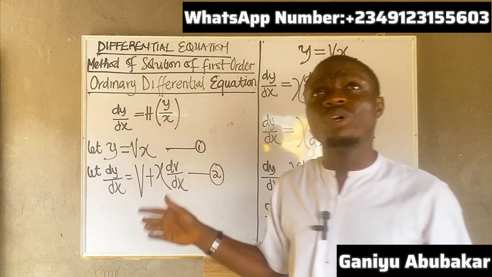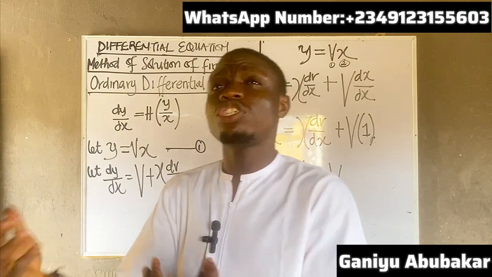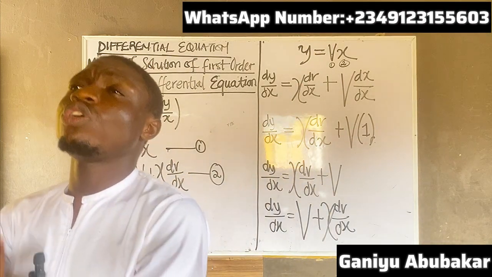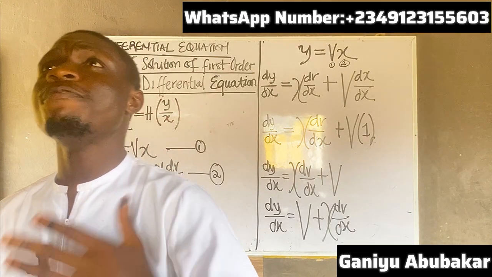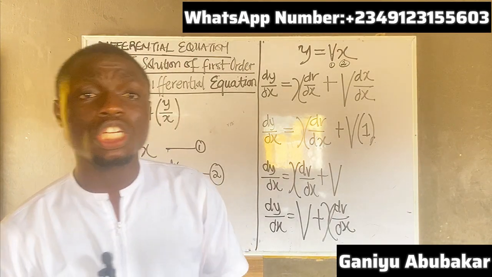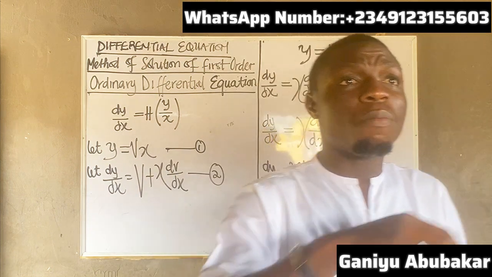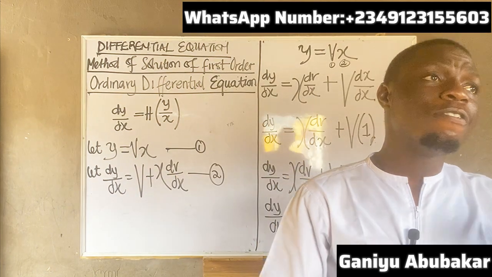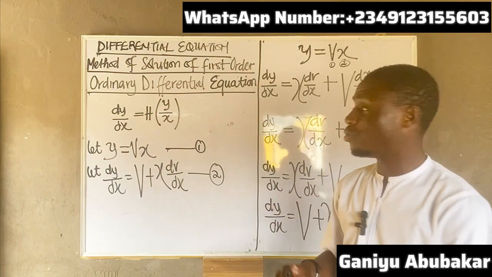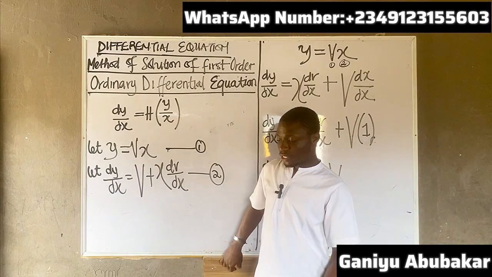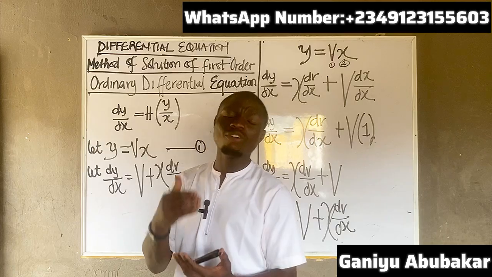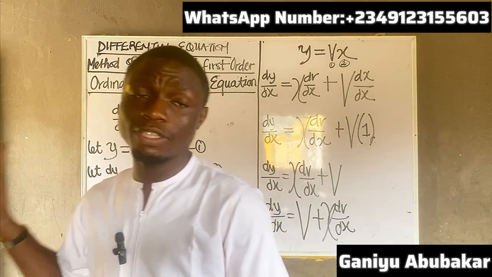After putting these two inside, the equation, which is in form of x and y, becomes v and x. So the equation will change from x and y to v and x after putting these two into the differential equation.